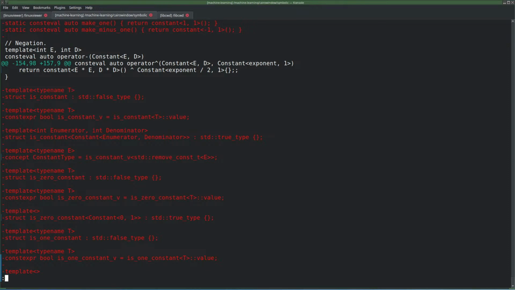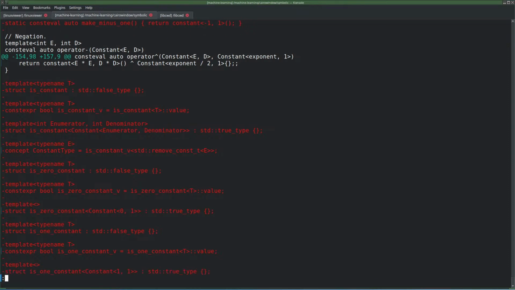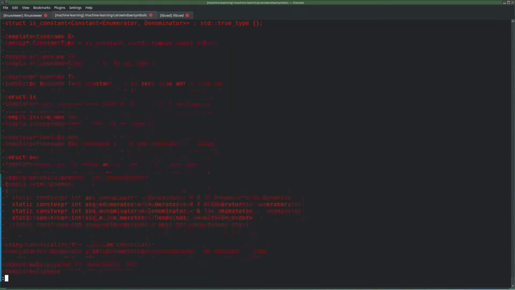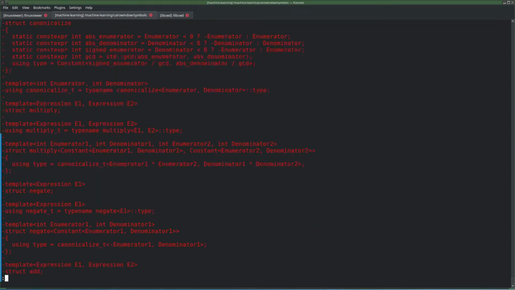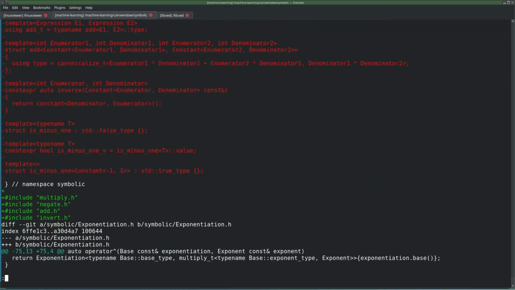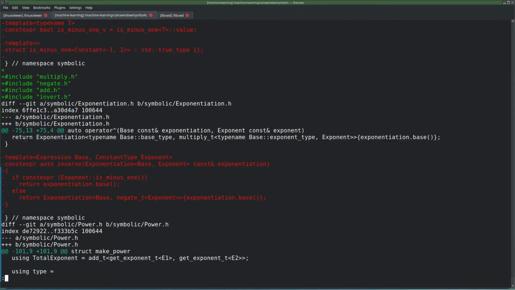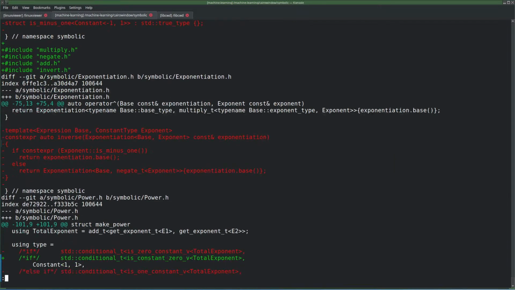I moved a lot of stuff from constant.h to their own headers. So here you see that it being deleted. All that stuff has been moved to other headers. These headers. Same with the inverse.